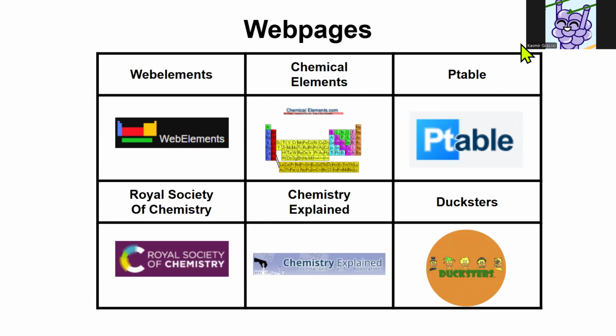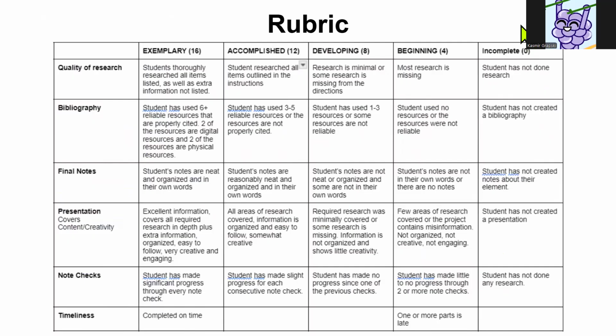So, this is the rubric that every sixth grade science student will be graded with. About 80% of the grade is coming from your research notebook, and about 20% of the grade is coming from your presentation. So a good portion of the grade is coming from that notebook.